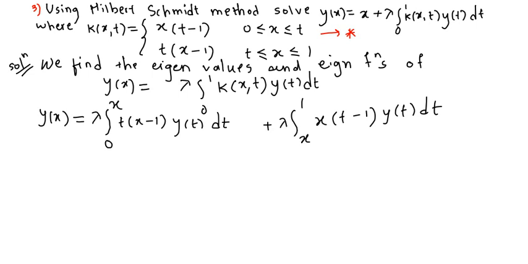When the kernel was separable, we found the a11, a12, and used that method of determinant in lambda to find the eigenvalues and eigenfunctions. But here, we don't have any explicit method that we have studied.